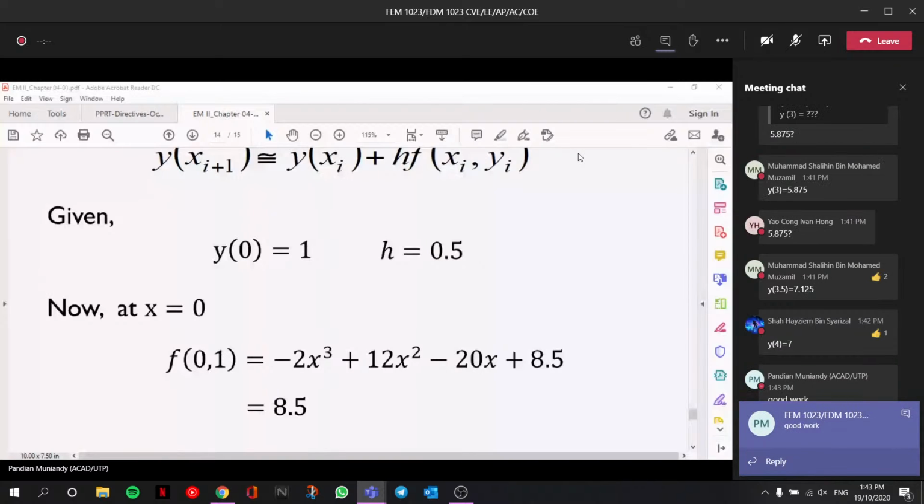Okay, so now you already completed the table. Very good. X from 0 to 4 with the step size 0.5.